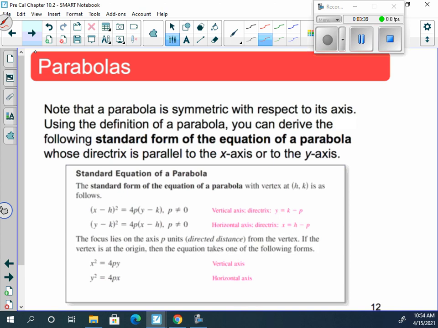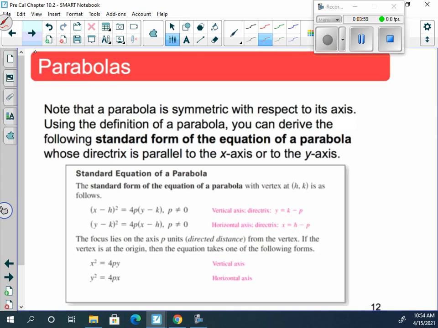This has the vertex, a vertical axis, and the directrix y equals k minus p. So we have this here.